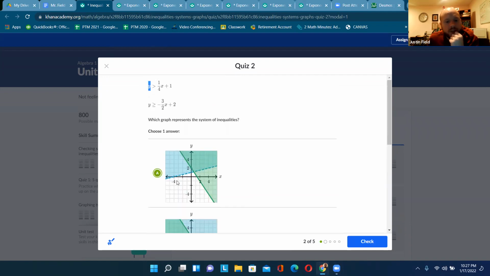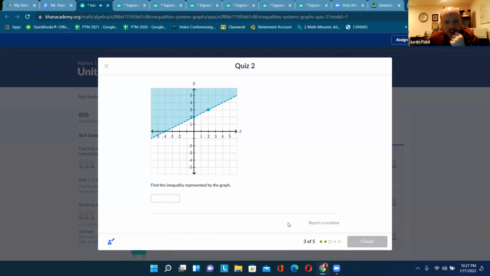Let's double check and make sure the dashed lines are right. So this one with the y-intercept of 1 is dashed. And it should be because that's greater than. This one is solid and it should be because that's greater than or equal to. All right, very good. Find the inequality. So right now I know it's going to be greater than.